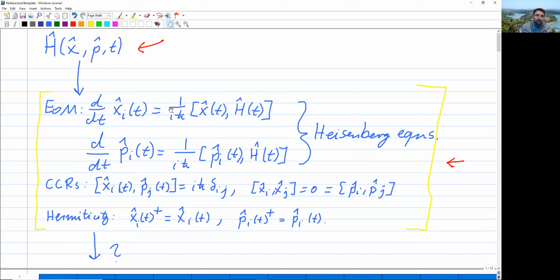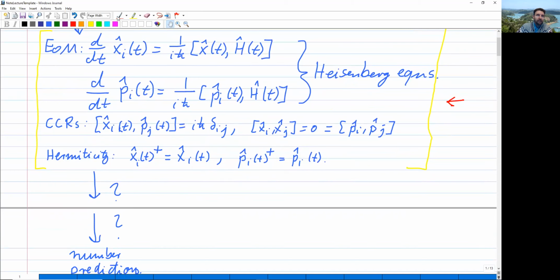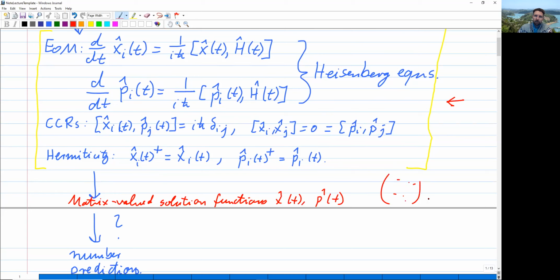And now, where there used to be a question mark, we have the next step, which we can write here: matrix valued solution functions, x hat of t and p hat of t, which are matrices, right?